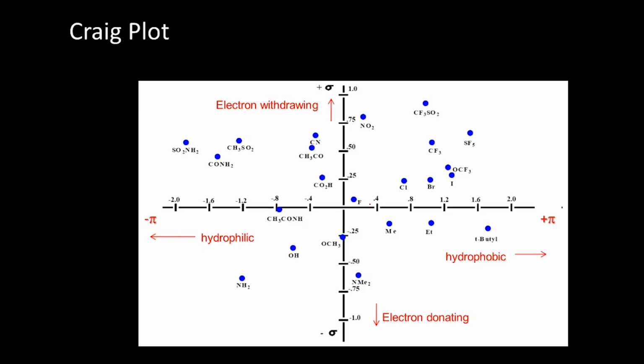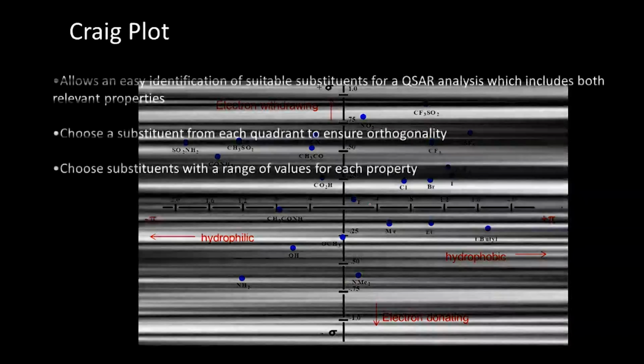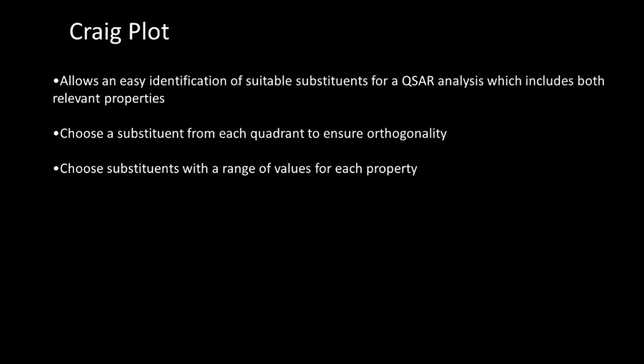That's very, very important. Okay. So it allows an easy identification of suitable substituents for a QSAR analysis, which includes both the sigma and the pi. Choose a substituent from each quadrant to ensure orthogonality. That's very important.